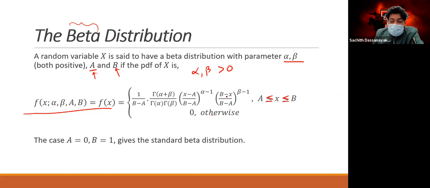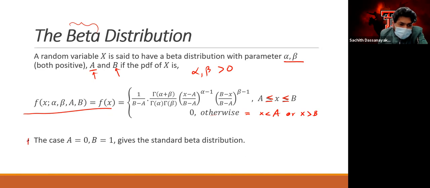Otherwise, which means x less than A or greater than B, it isn't defined, which means it's 0. Clear? This A and B can be positive or negative. It's possible.